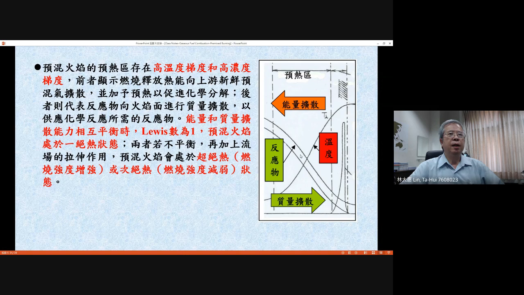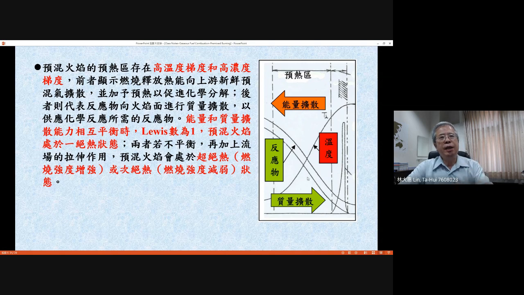When you look at the flow structure inside the preheating zone, you can see there is a temperature profile, right? The temperature increases starting from the edge of the preheating zone and increases continuously to reach the ignition temperature and finally the final flame temperature, because we complete the chemical reaction.